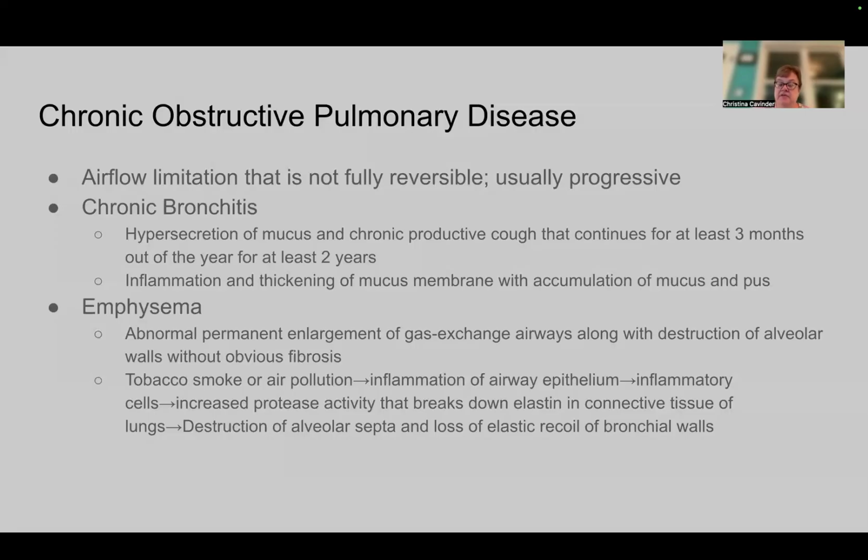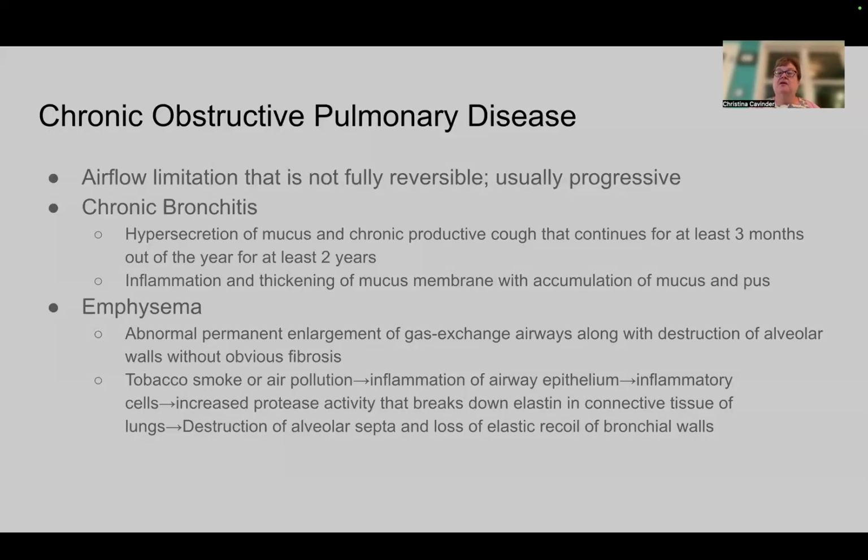Then your inflammatory response goes haywire. It increases protease activity. So remember, proteases are breaking down proteins, and they break down elastin in the connective tissue. And so your lungs are not real elastic, easy to breathe. And that destroys your alveoli septa. And then you have loss of elastic recoil of the bronchial wall.